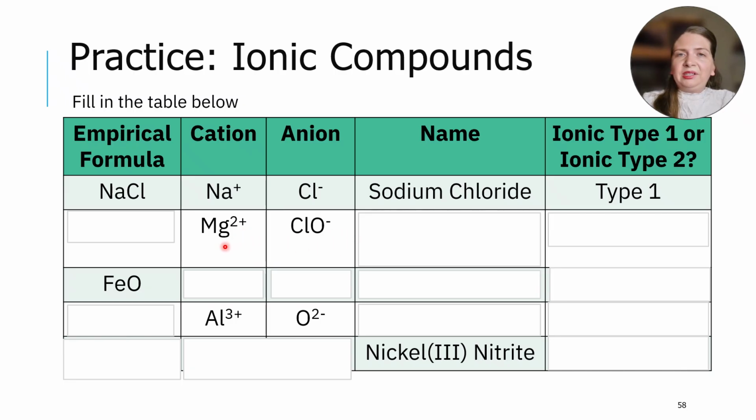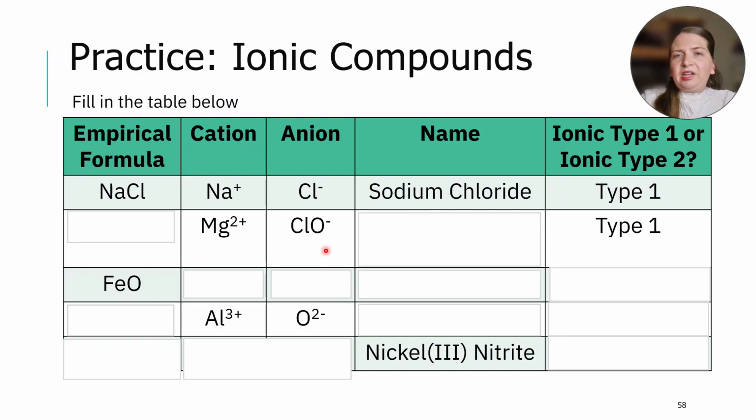Magnesium is located in group 2, so it forms a 2 positive ion. This makes it a type 1 ionic compound. The anion is hypochlorite, ClO-. Chlorate contains 3 oxygen atoms, and hypochlorite contains 2 fewer oxygen atoms than chlorate.